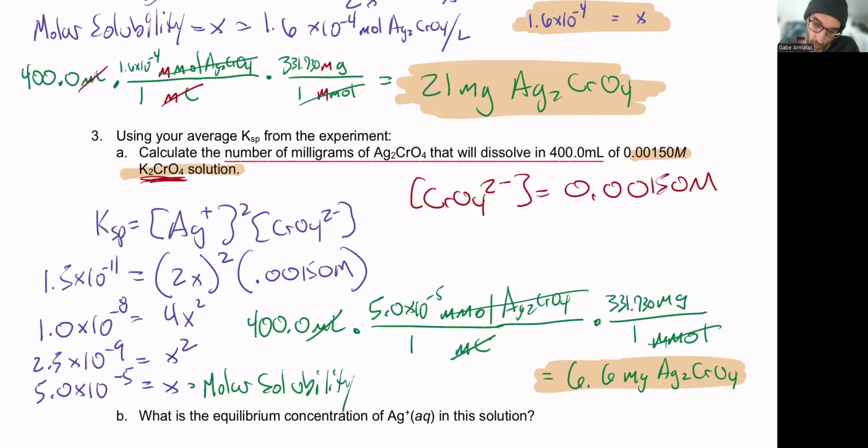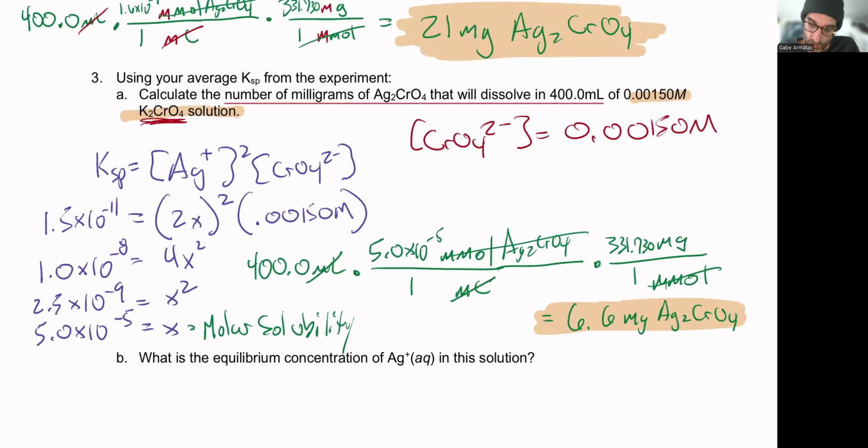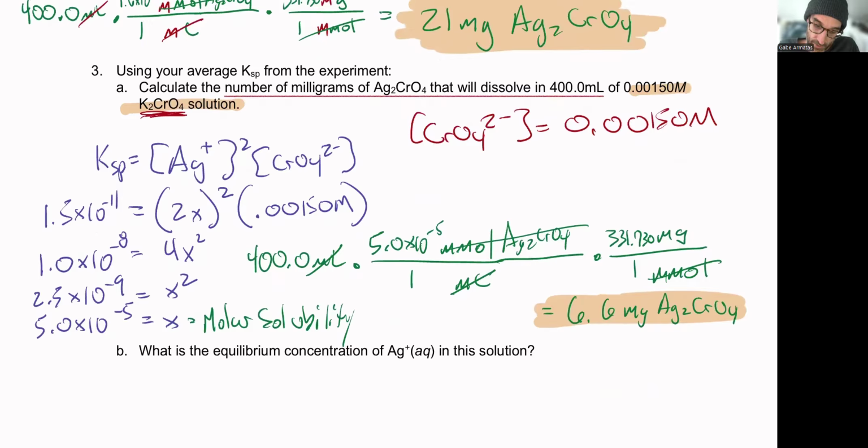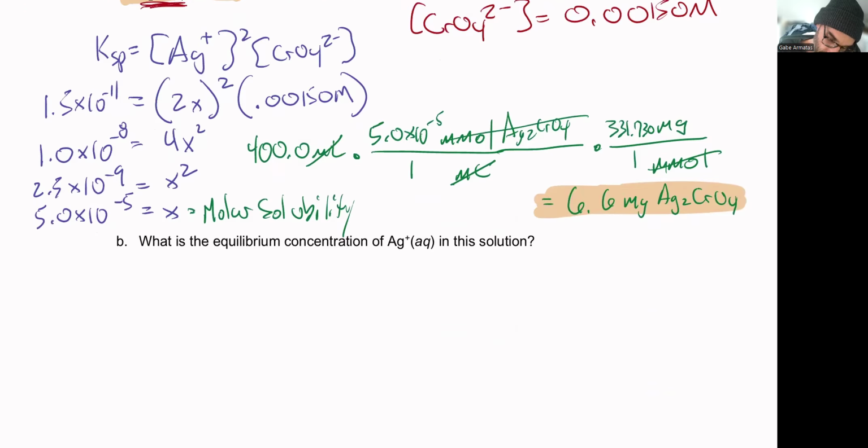Okay. What is the equilibrium concentration of silver ions? Okay, so we know silver is equal to 2x. So that's what we know, and we're going to pull that information down. We know that the concentration of silver plus is equal to 2x. So 2 times our x value, which is 5.0 times 10 to the minus 5.